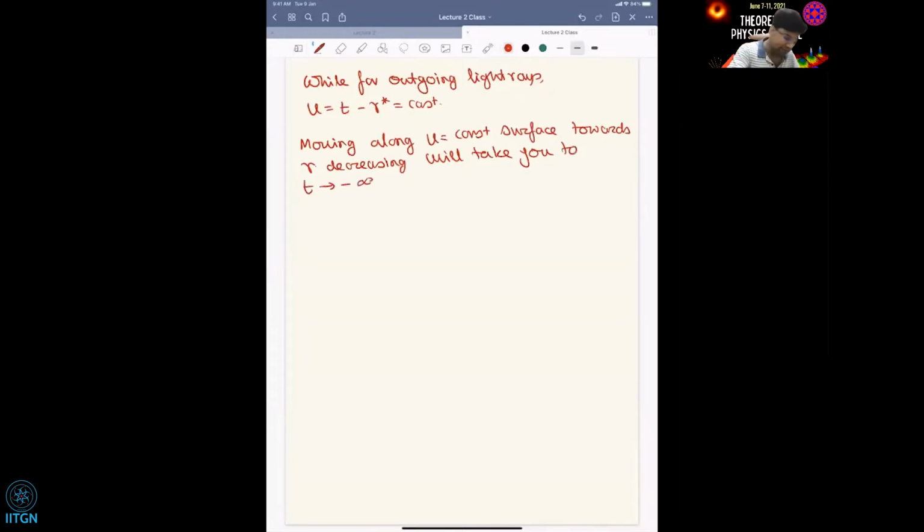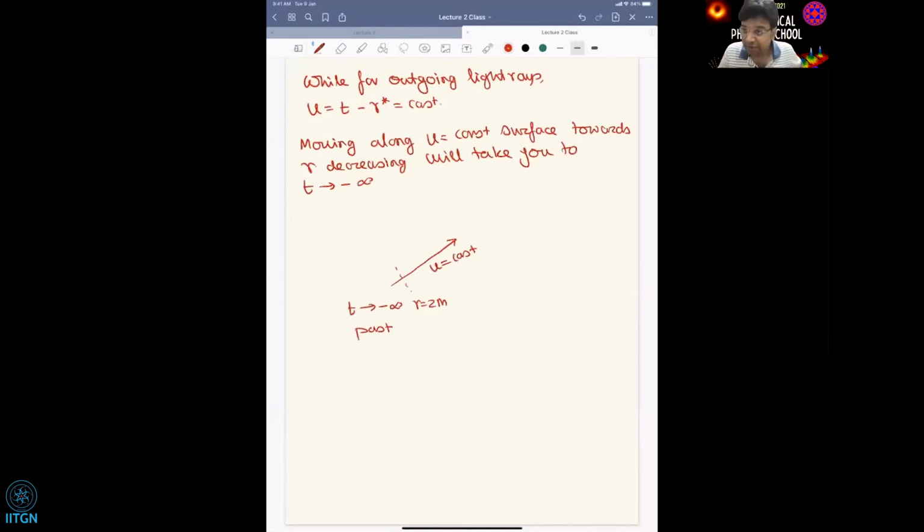So what is happening is that in this case, you are actually coming out of, so this is outgoing light rays, u equal to constant, and this is some r equal to 2m, and you are coming from t goes to negative infinity, the past.